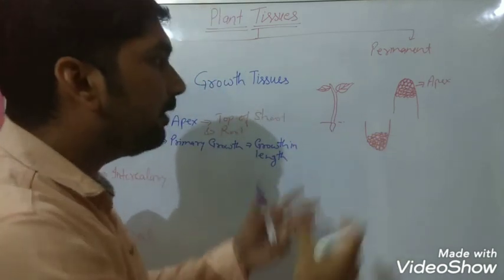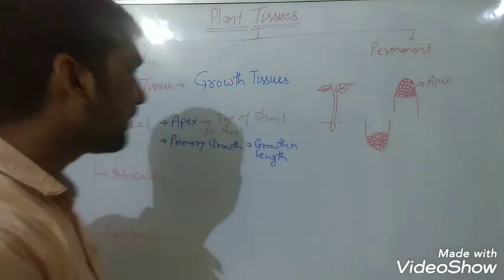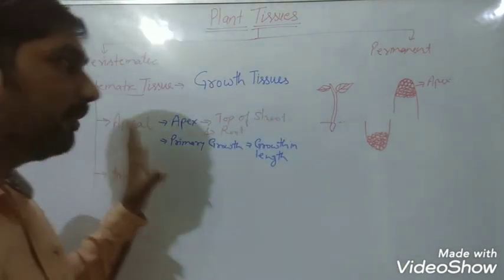So these keep dividing, and hence the size of the root will also increase. So this is apical meristem.